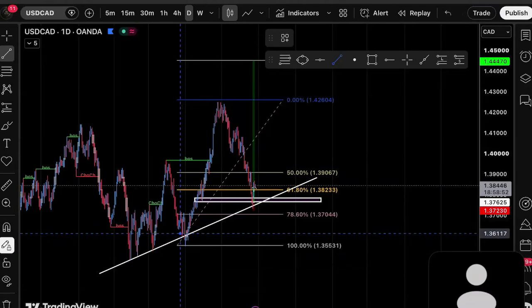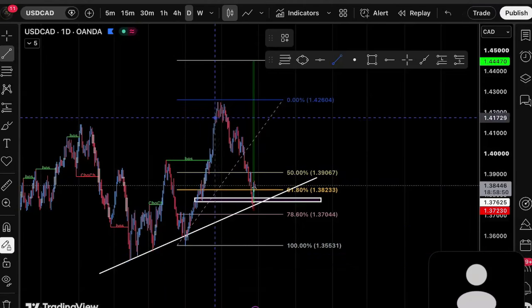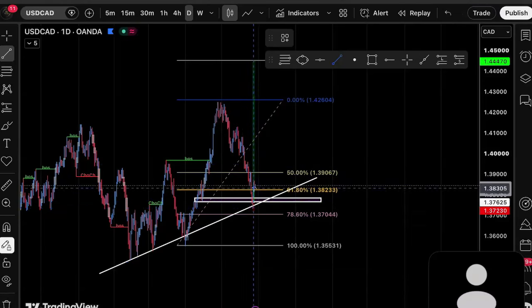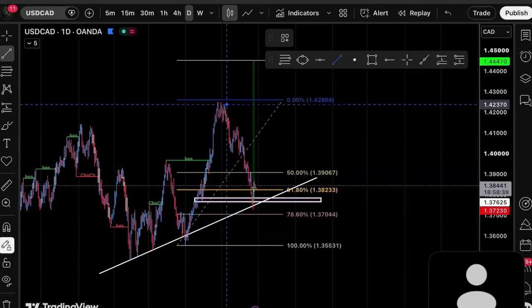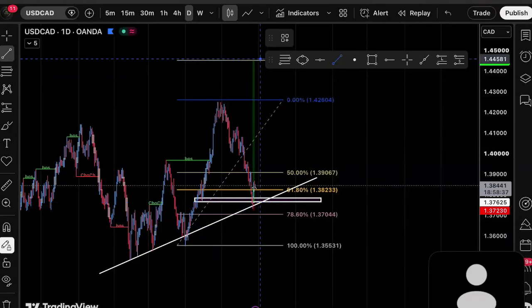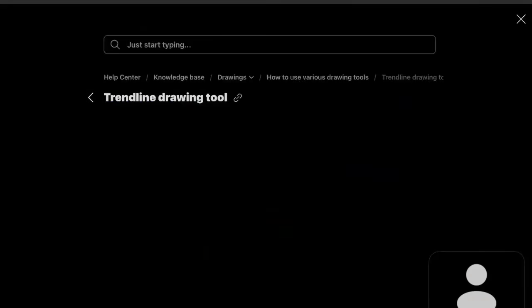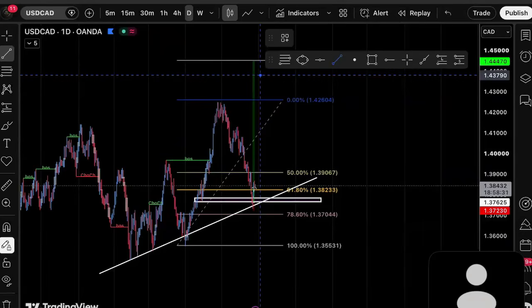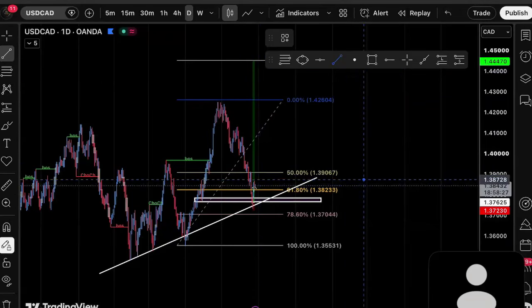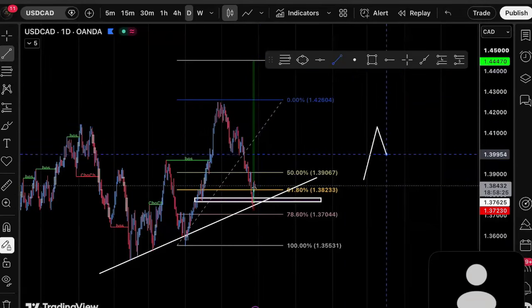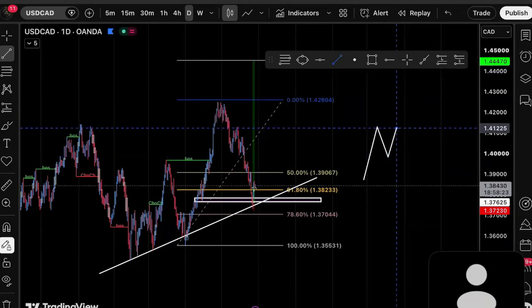All right, so from this higher low to this higher high, we're expecting this to be the new higher low that's created. So what I did was, on the daily time frame, because this is a swing trade, from this low to this high, I'm expecting the market to come and take out this high and create a new high all the way up here, based off of what I just showed you guys. What I showed y'all was basically this same move, this low, high, higher low, and I'm expecting the market to create a higher high.